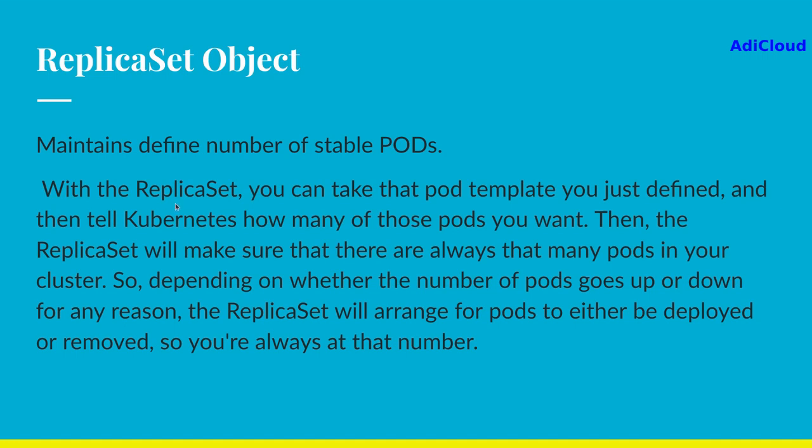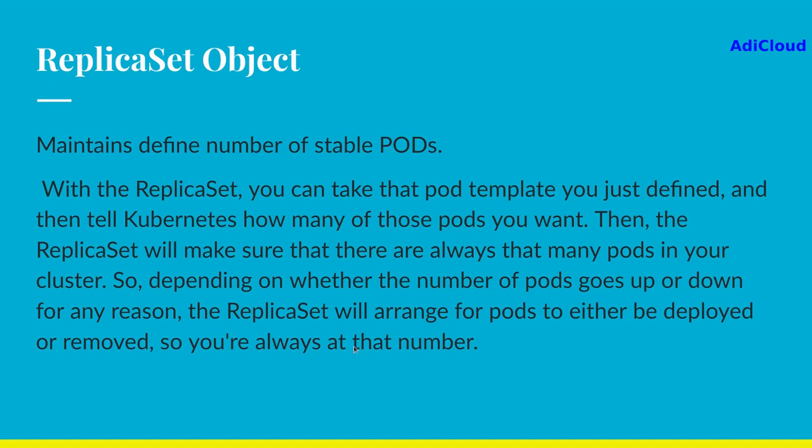Within the ReplicaSet, you can take the pod template you just defined in the earlier step. You will take that, and then you will tell Kubernetes how many of those pods you want. Then ReplicaSet will make sure that there are always that many pods in your cluster up and running. So depending on whether the number of pods goes up or down for any reason, ReplicaSet will arrange for the pods to either be deployed or removed.